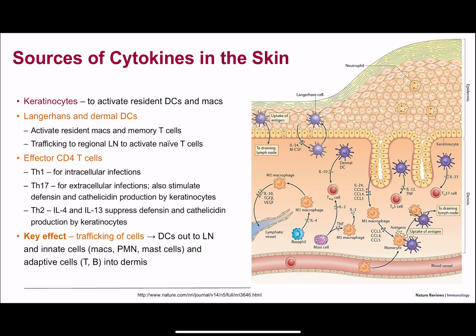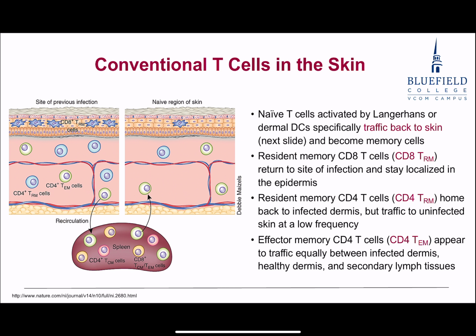Okay? You can have a few naive and effector T cells present in the skin, but they're going to be transient. The predominant presence of conventional alpha-beta T cells are going to be a memory cell of some type. All right, just remember that. Yes, I put in the burgundy that there are different, so you've got CD4 TEM versus RM, and then CD8 RM.